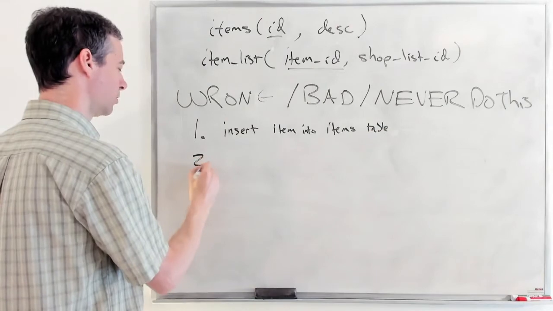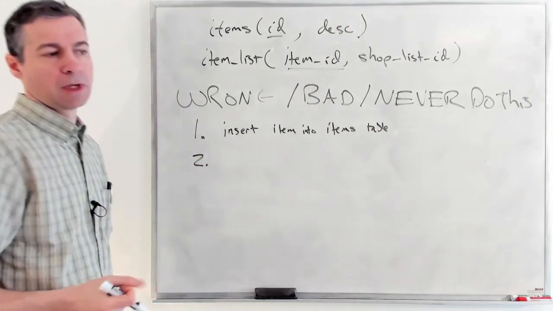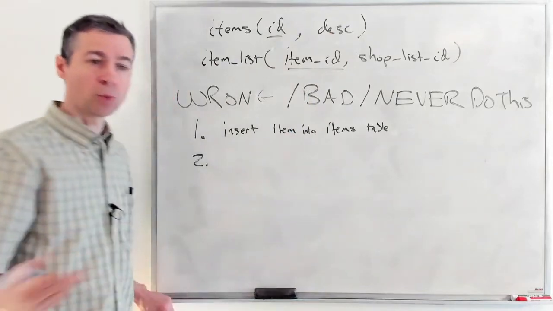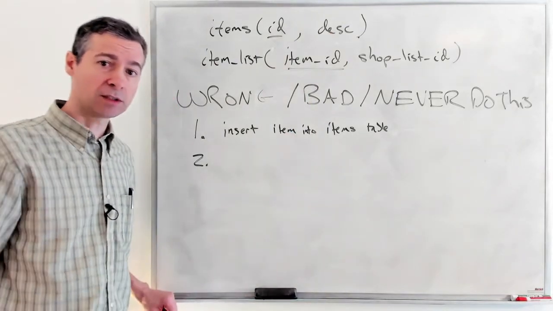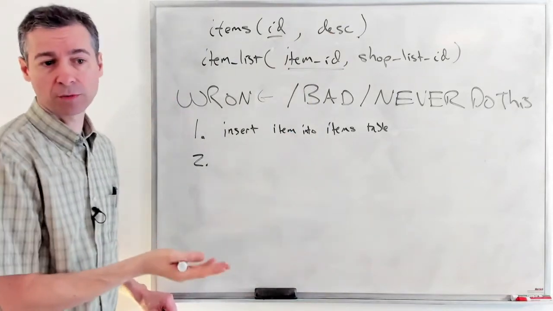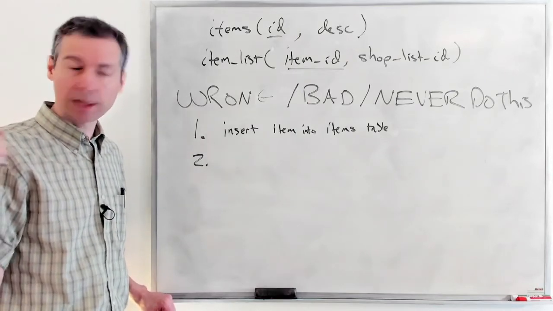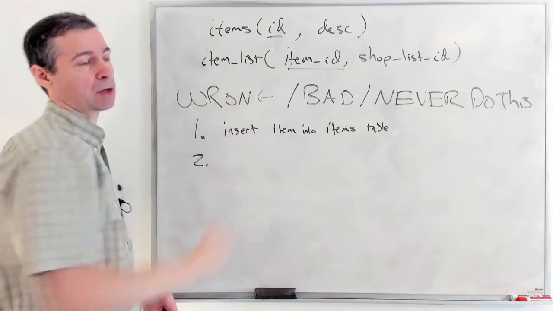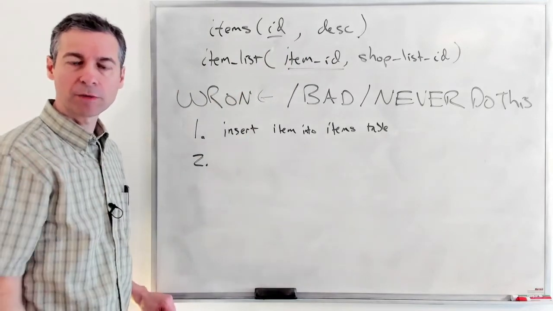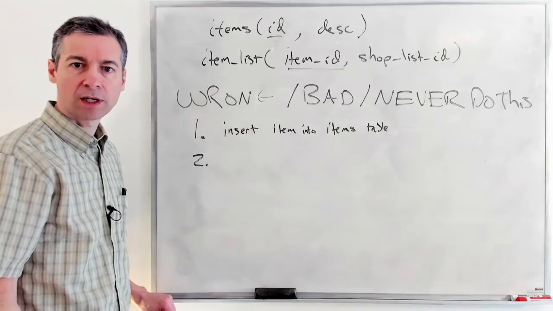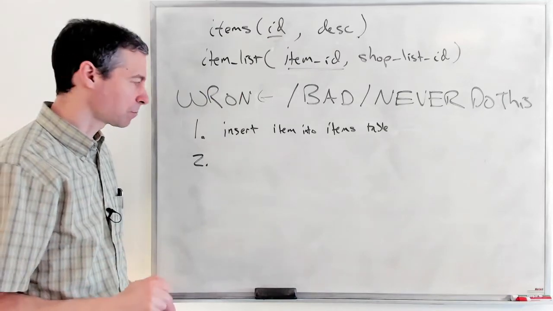So then, step 2, they do know the description. On one list it could be bananas, on the other list it could be bananas. On one list it could be screwdriver, on the other list it can be screwdriver. So selecting by the description to find back what the ID was is going to be a no-no. It's not going to work. They're potentially going to have a mistake there.